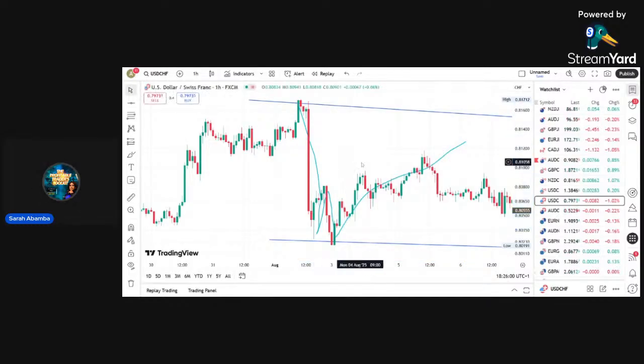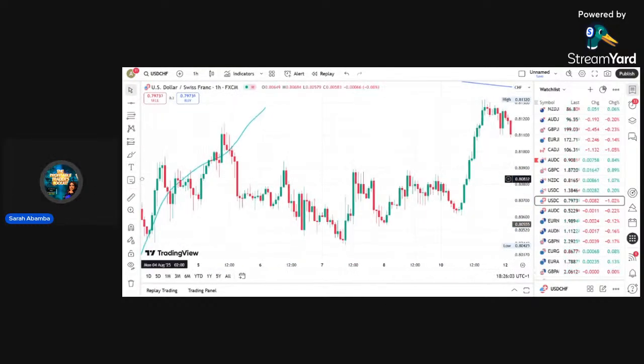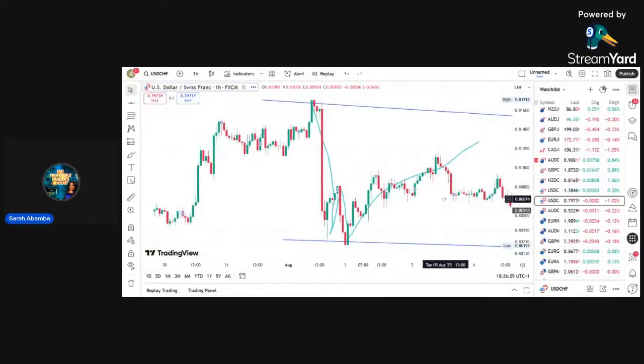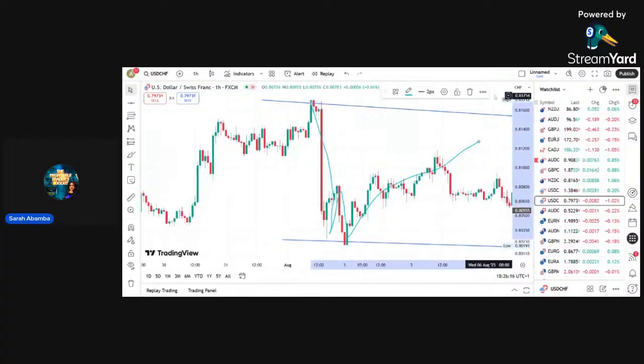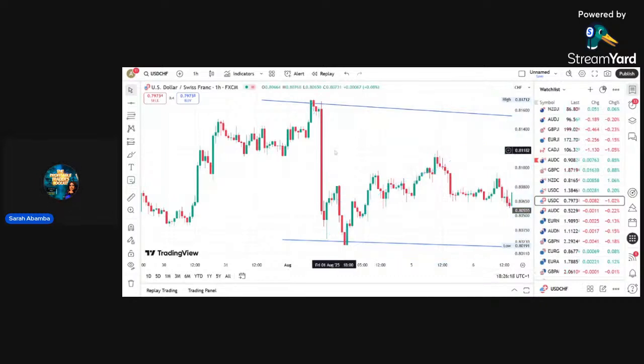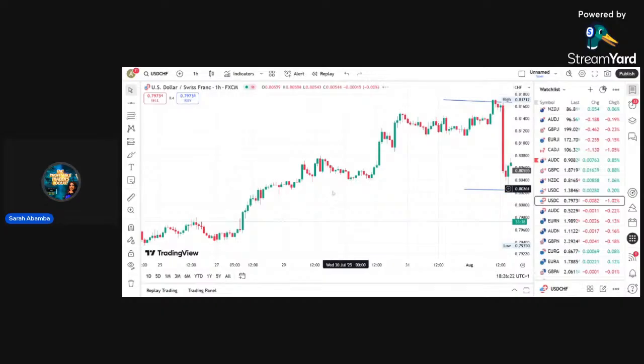That is $800 for a lot size. Though it still went up again, that was the beginning of the uptrend. So when you see a double bottom, what you do is place a buy order. That is how it works.